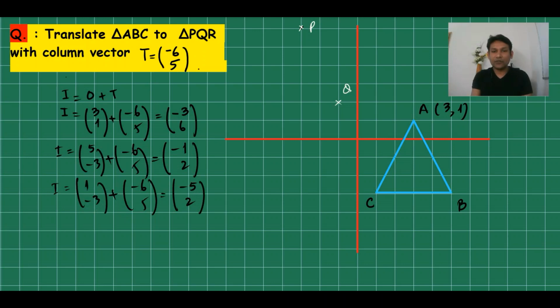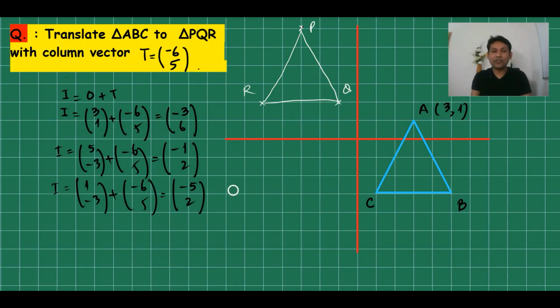When I draw this coordinate, minus 5 and 2, from here 1, 2, 3, 4, 5, minus 5, 1 and 2, this is point R. When I join these 3 points, in translation the object is moved like this. It will never flip. It is always the same shape and orientation. So the object is translated to the image.